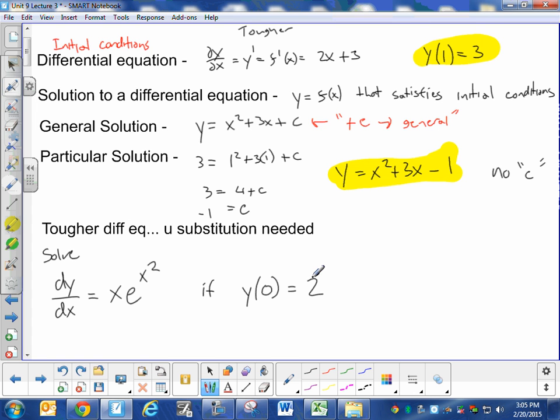Also, y of 0 is equal to 2. Why don't we solve this differential equation? In particular, to solve the differential equation, you know you're finding y. So go ahead and do that.